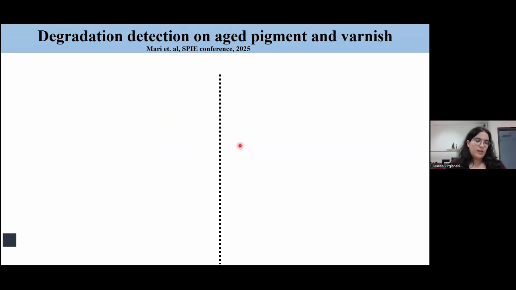Now we wanted to test the system, so we created another series of mock-ups, again with ochre yellow as a pigment and egg yolk as a binding medium. But now we performed photo aging on them for a time period equivalent to 10 and 25 years of natural aging.